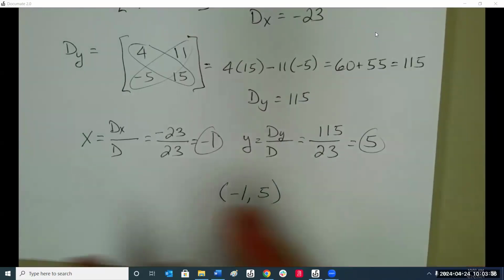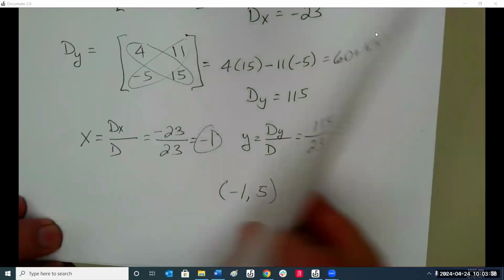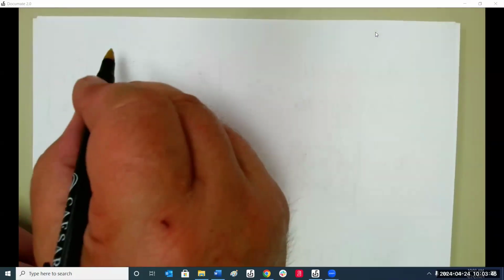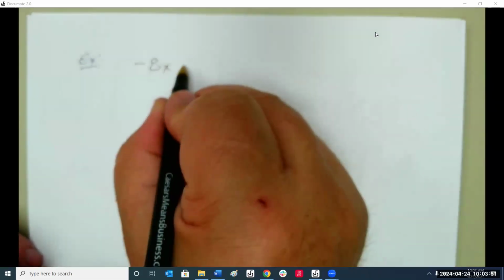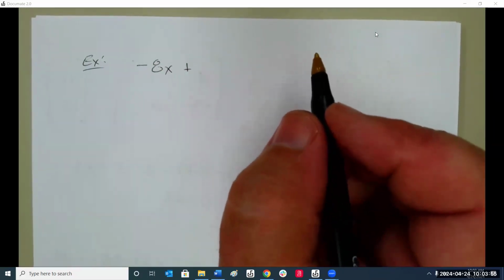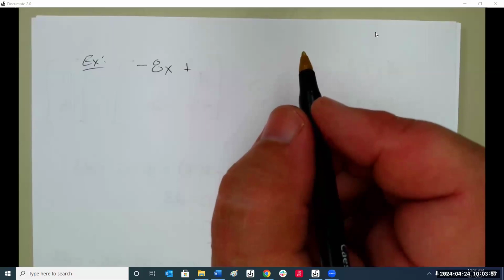Yes, now I'm going to give you a much bigger one. We have three equations. This is an example.